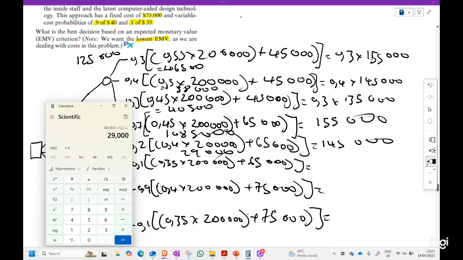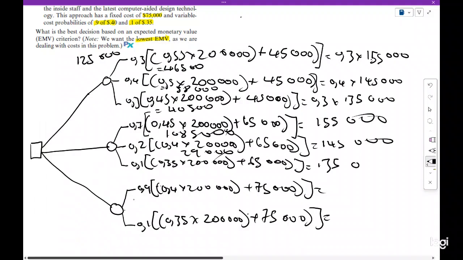Then 0.35 multiplied by 200,000 plus 2 plus 65 multiplied by 0.1. 135 to 13 and 5.